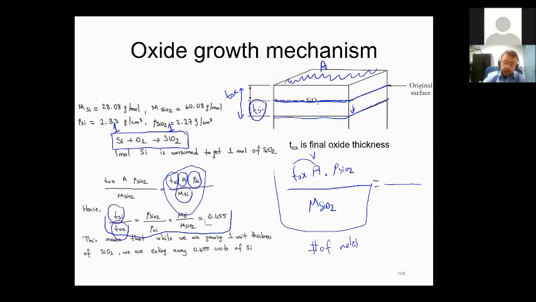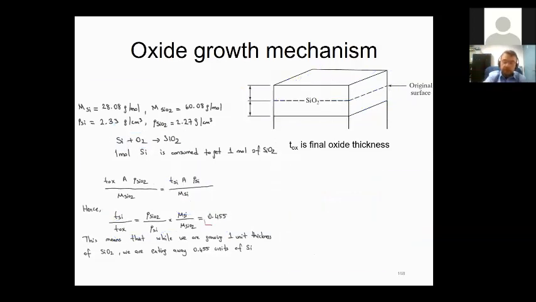And that's going to be 0.45. So that means that if I build 1 unit of silicon dioxide, it will be like an earthquake. I will collapse 0.45 units of silicon on down to the lower level.